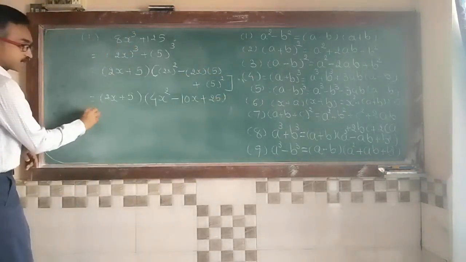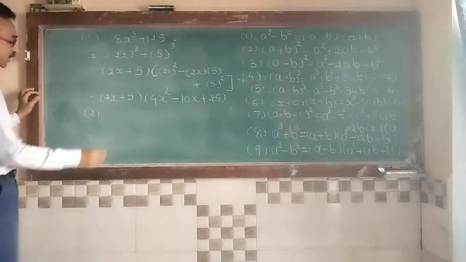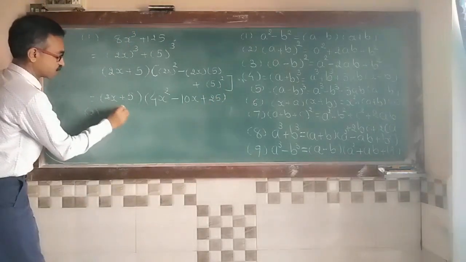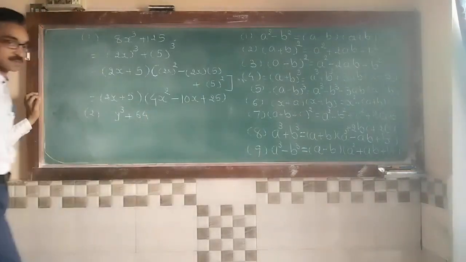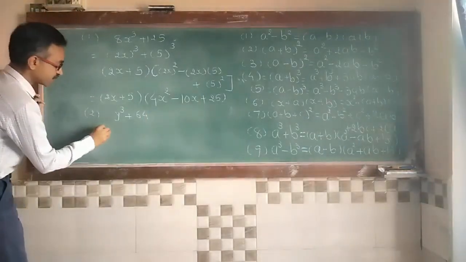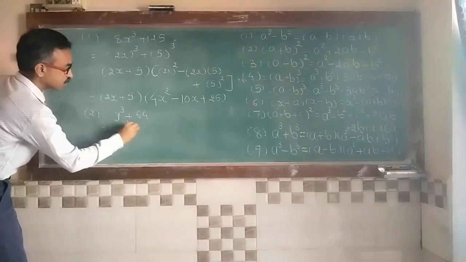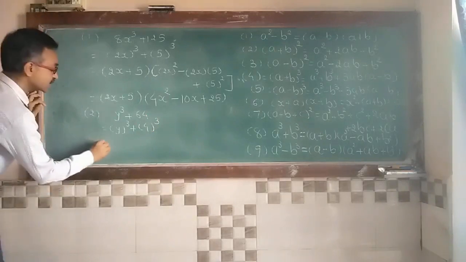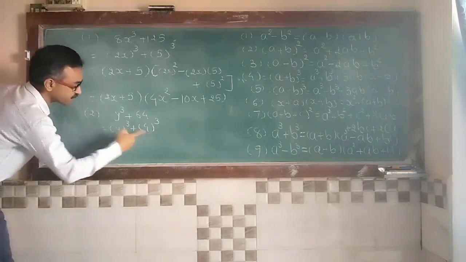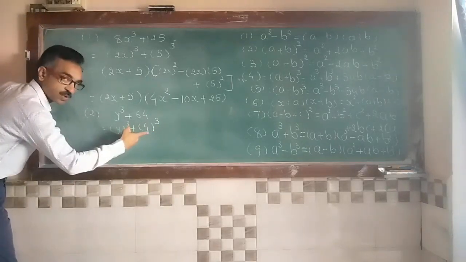Again, the second one is, suppose you are given y^3 + 64. That is y^3 + 4^3. So the answer is the first bracket a plus b, where a is equal to y and b is equal to 4.